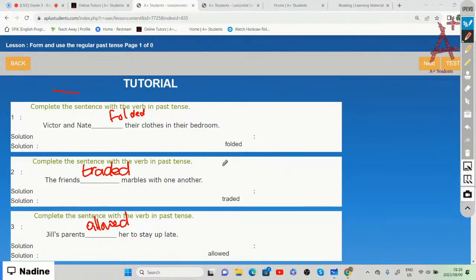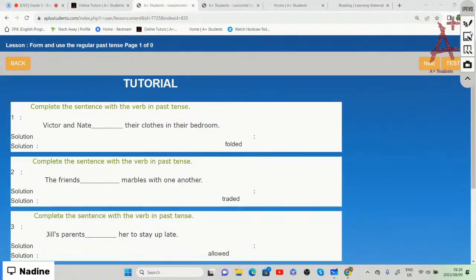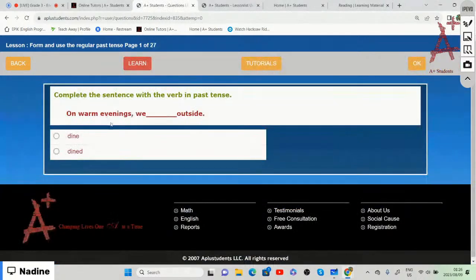All right. So now we're going to go to our little test. We need to complete the sentence with the verb in the past tense. On warm evenings, is it we dine outside, or we dined outside? Because remember, it also needs to show the past tense.